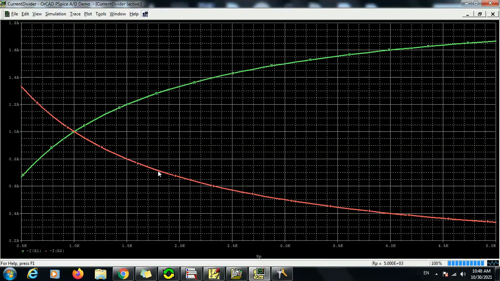Whereas if we go forward to this point, we can see that a change from 3.5 to 4 kilo ohms, again a half kilo ohm change, only caused a drop from 0.45 amps to 0.4 amps. So it's a small change here. The big changes occur at the very beginning. It's more sensitive at the beginning and less sensitive at the end. So the curve tends to be steeper at the very beginning and flatter at the end.